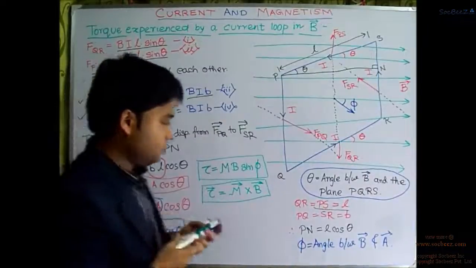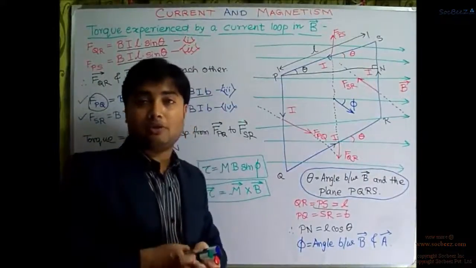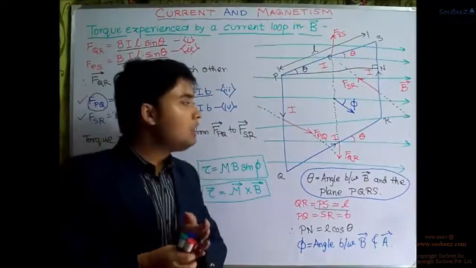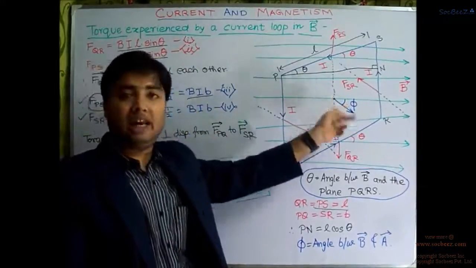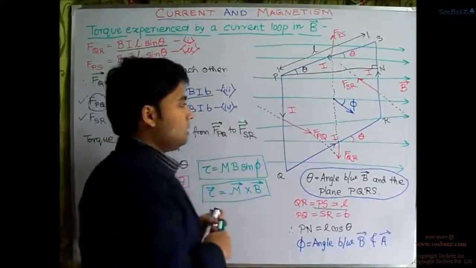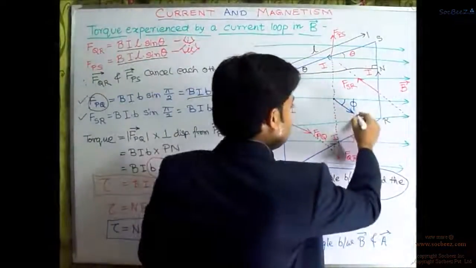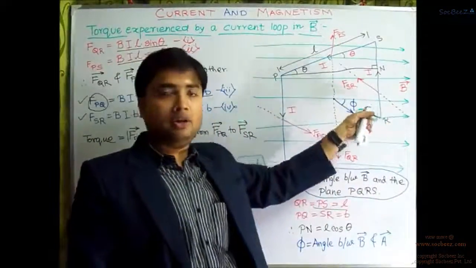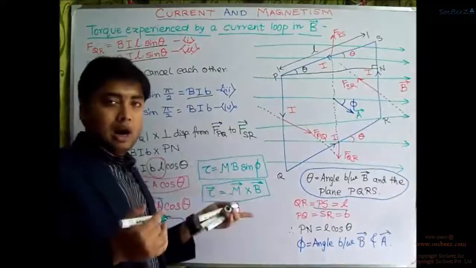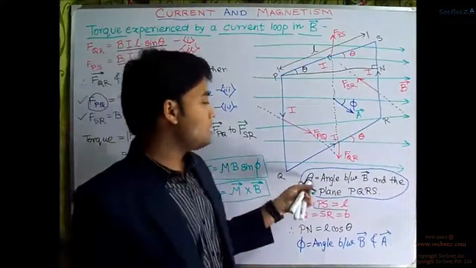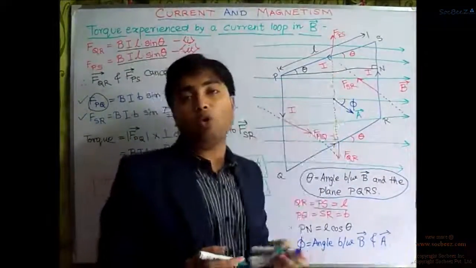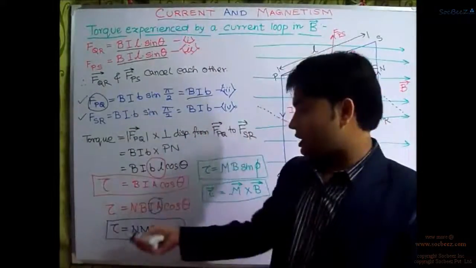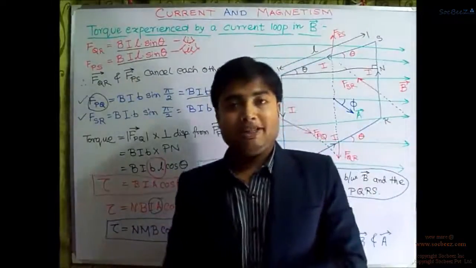So don't get confused about this. Just try to understand what the angle given is. If the angle is between the area vector and the B vector, use this formula. Otherwise, if you are given the angle as between B and the plane of the loop as theta, then we need to use cos theta, as this is the formula. Right? Thank you.